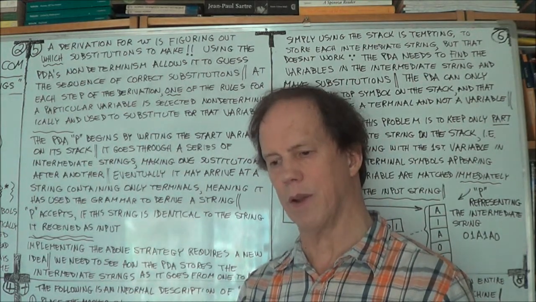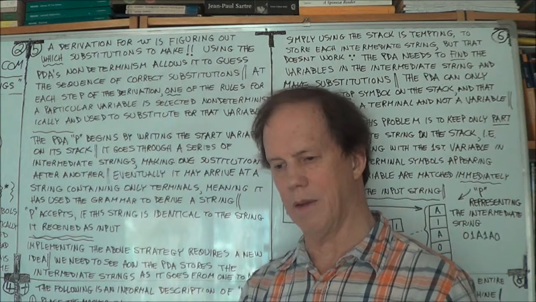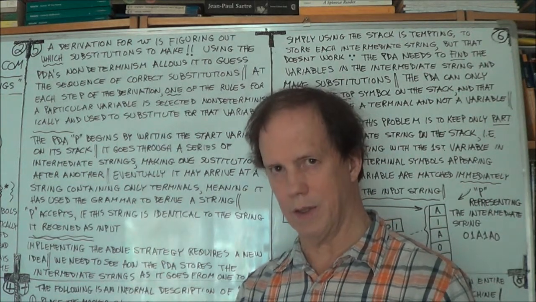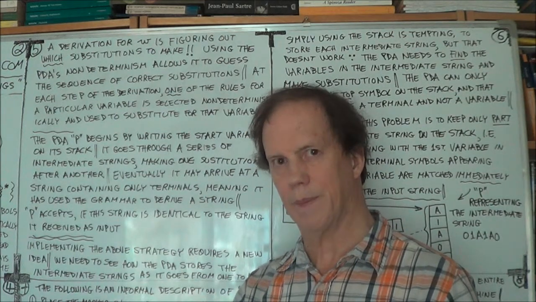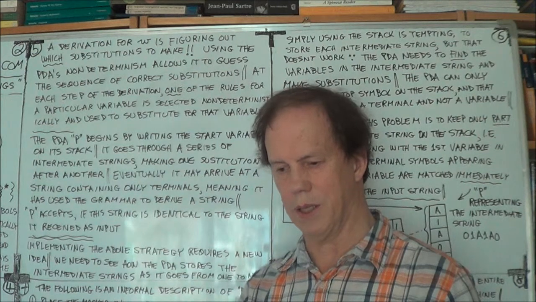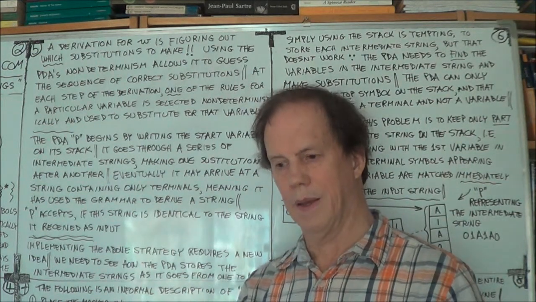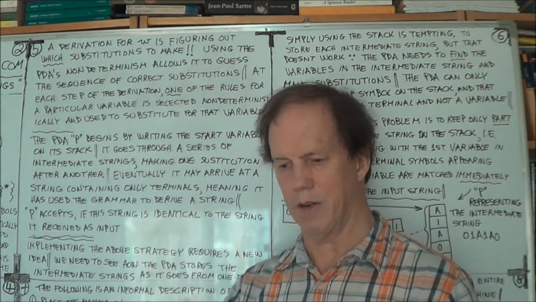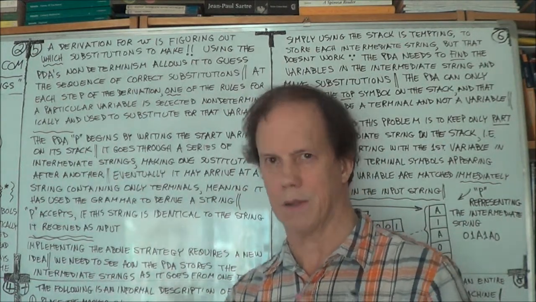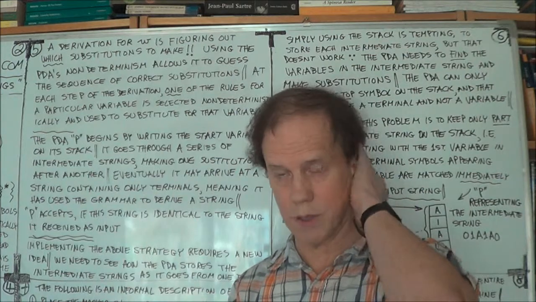Okay, and hopefully one of them will match, and if that's the case, then your PDA has behaved in the same way as the grammar. So that would show the equivalence between the PDA and the grammar. And since the grammar generates the language, then effectively so does the PDA. And that's what we're trying to prove. That's the statement of the lemma.